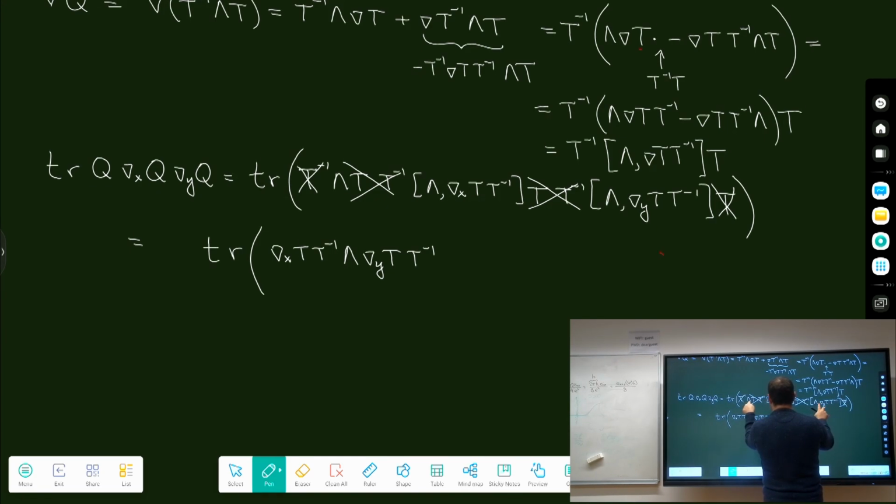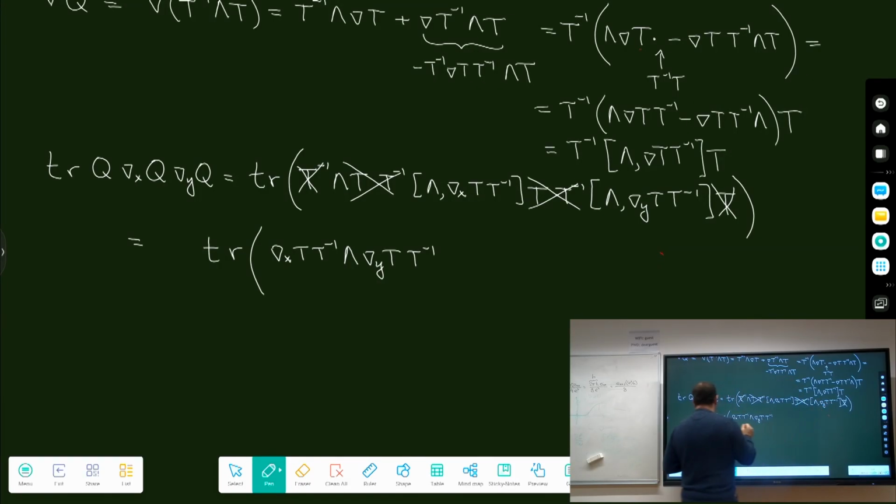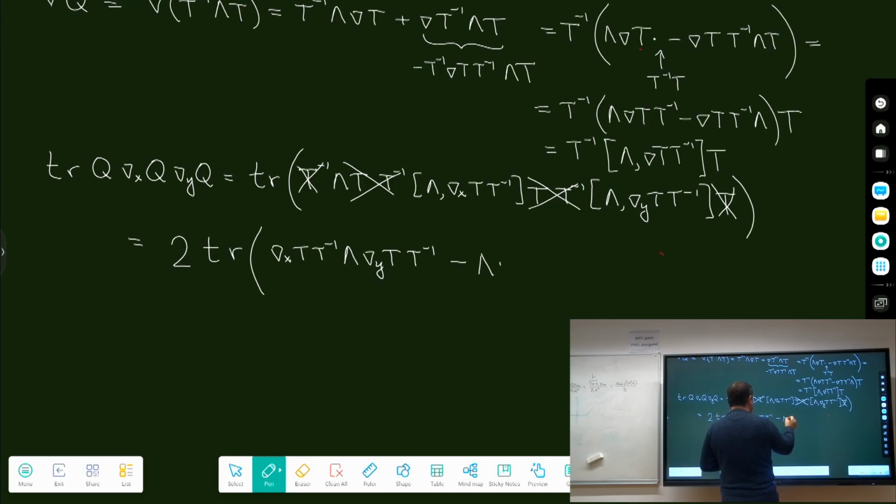Then I will have lambda, gradient, lambda, gradient, lambda. I will have twice this term minus, when I flip only one of them, I will have lambda, gradient x T inverse, gradient y T inverse.